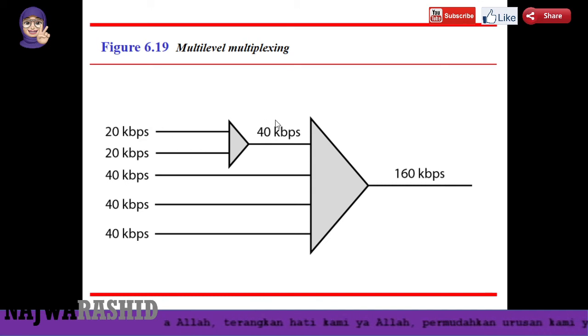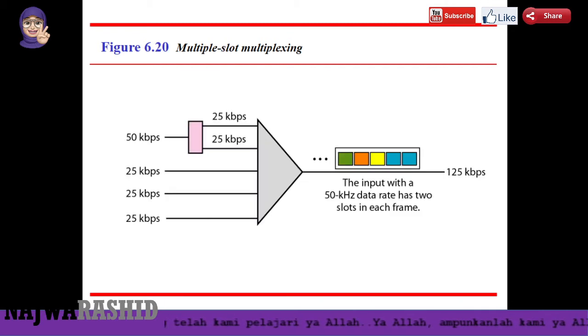Then this 40 will be multiplexed together with the rest of the channels, and then transmit at 160 kilobits per second. This one we call multi-level multiplexing.